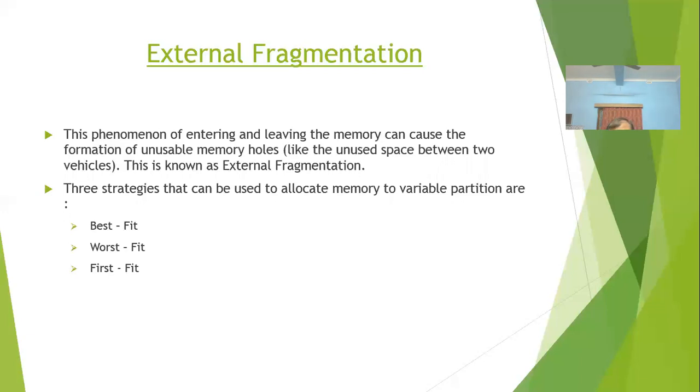Now there are three particular strategies to allocate memory in the variable partition scheme. I already told you that you can use a fixed partition scheme or a variable partition scheme. Now, in case of contiguous allocation, we can use both the strategies.